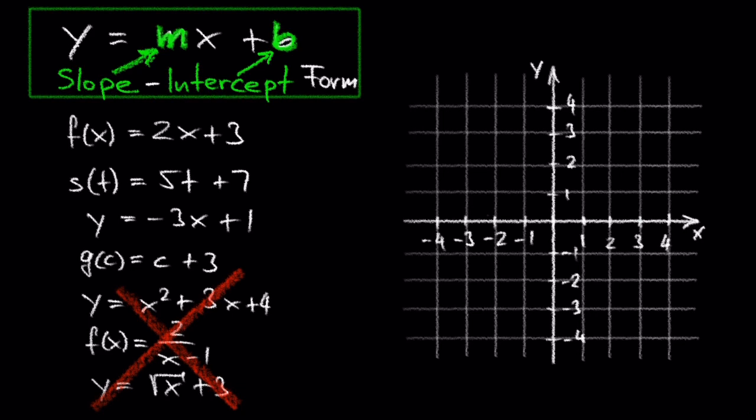So when we look, for example, at this function, the line which is represented by this function has a slope of 2 because the coefficient of x is 2.